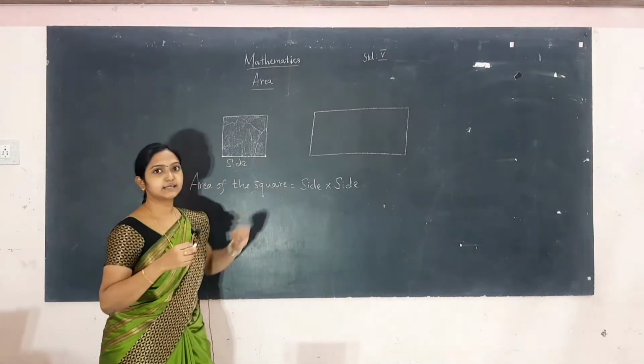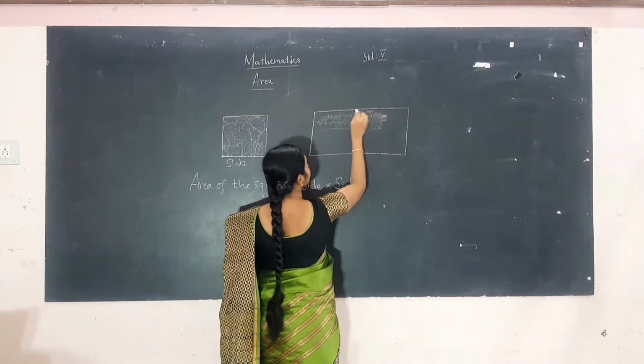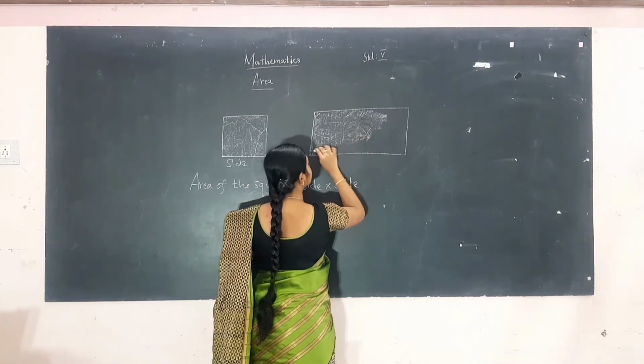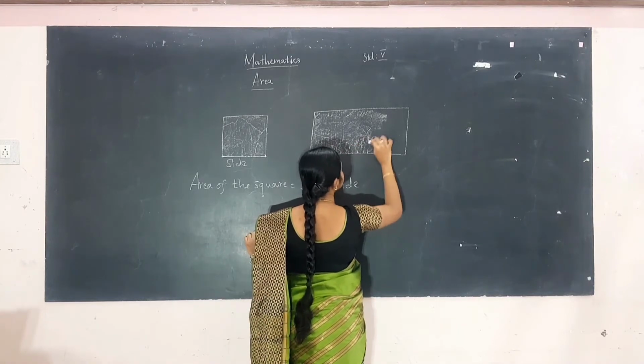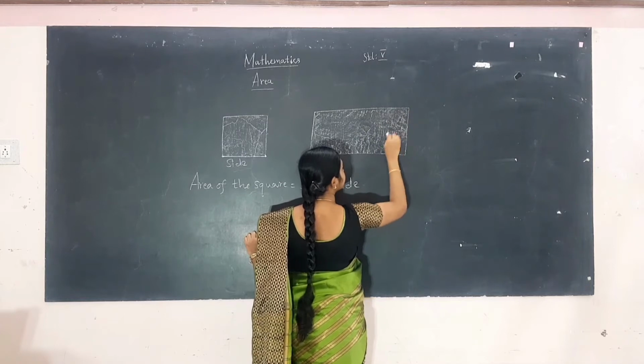This is the rectangle. The shaded region is the space occupied by the rectangle. So, this is the area of the rectangle.